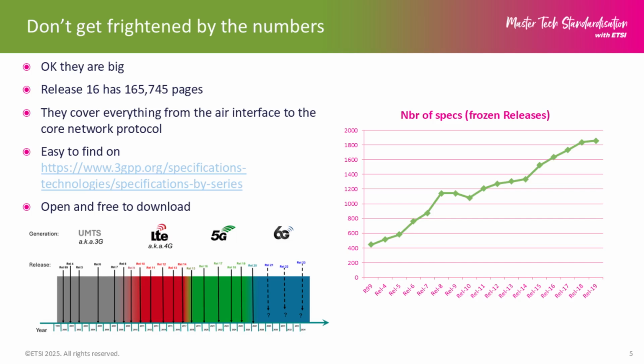I wouldn't advise printing them all out, but they do cover everything from the air interface to the core network protocols. They're easy to find, they're split up by series. And again, if you go onto the 3GPP website, you can look at those series and then you can download the specifications. Again, anybody can download them, they're open to all.